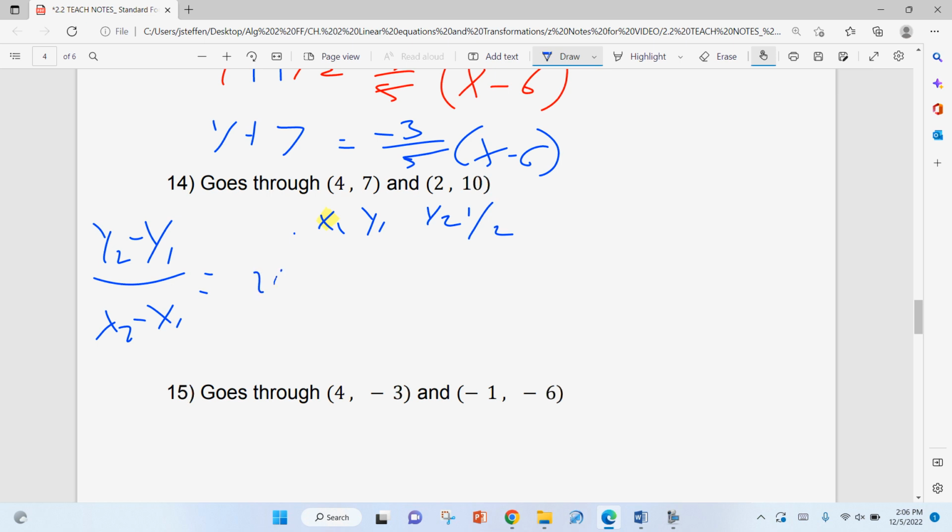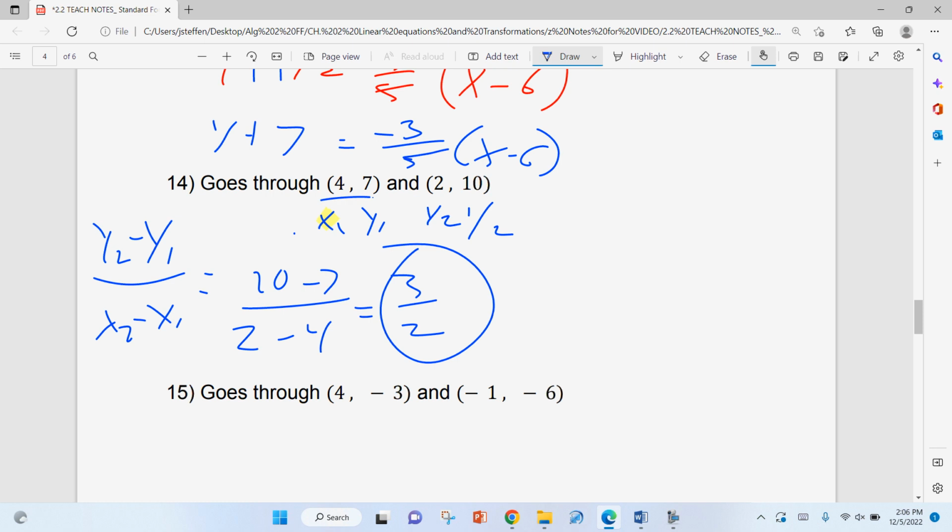So y2 is 10 minus y1 is 7 over 2 minus 4. 10 minus 7 is 3. 2 minus 4 is 2. The slope is 3 over 2. However, that's not the answer yet. We need to use one of these equations and use it just like we did before. So y minus 7 is equal to 3 over 2 times x minus 4.